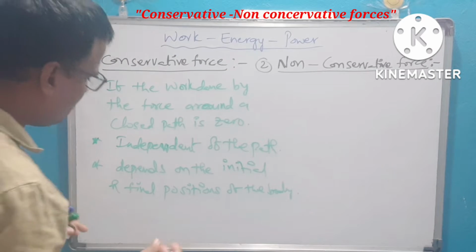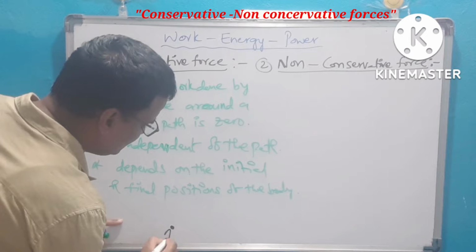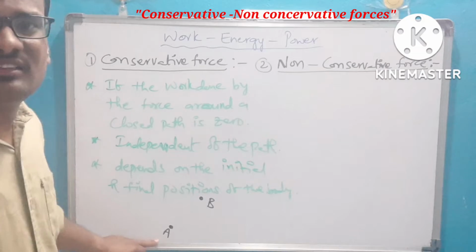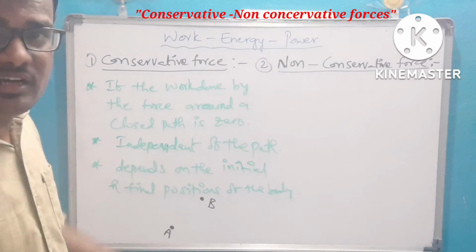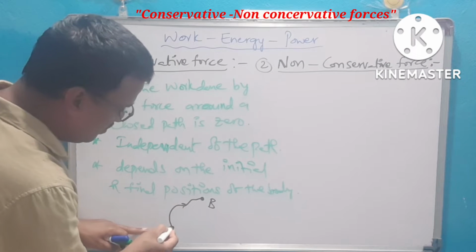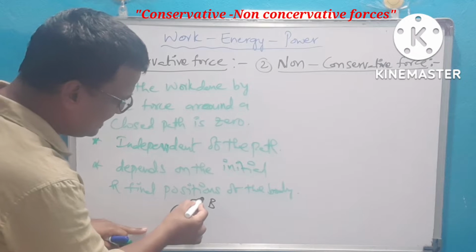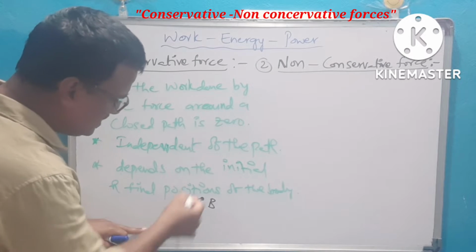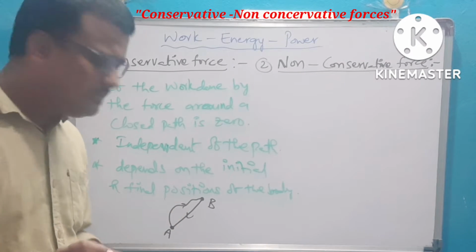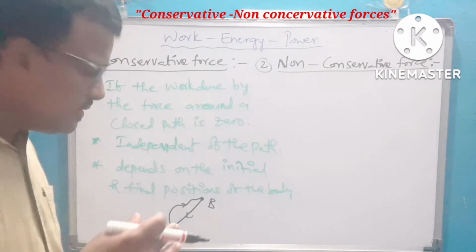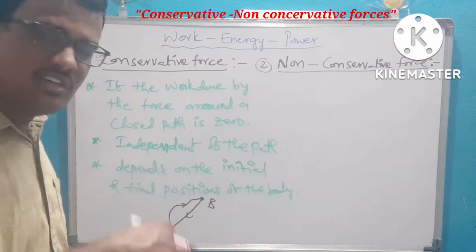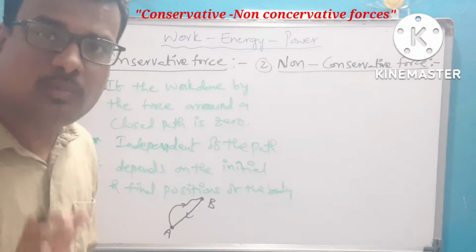For example, the initial position of the body is A and the final position of the body is B. The body may move from A to B like this, and then from B to A like this, but whatever the path may be, how long or how short the path is, we don't bother about the path.